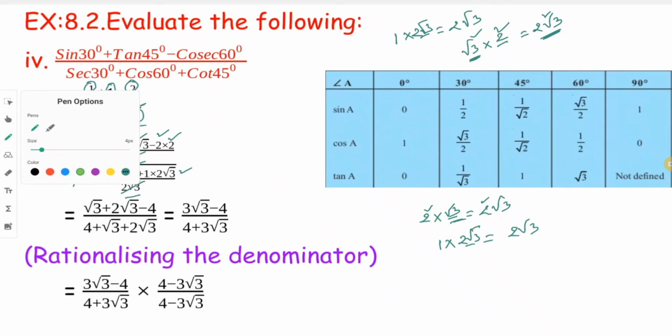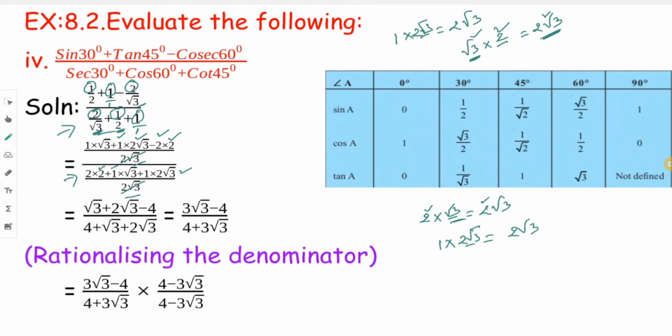Let's go with red. If I multiply 1 into root 3, I'll get root 3, right? Again 1 into 2 root 3, I'll get 2 times root 3. Then minus is there, 2 2s are 4. Same thing again, 2 2s are 4. And 1 into root 3, I'll get root 3. Then again 1 into 2 root 3, I'll get 2 times root 3.